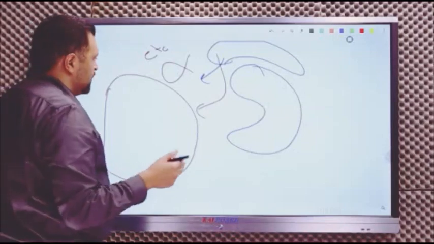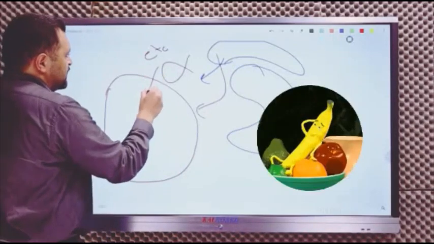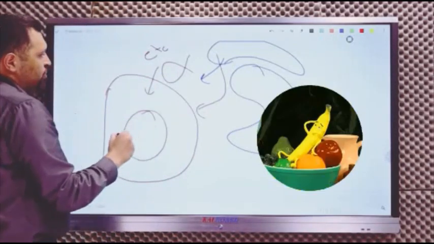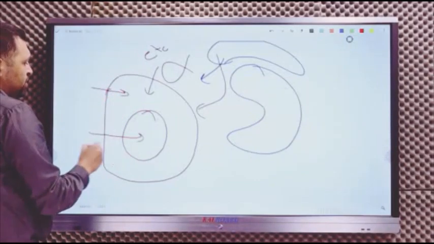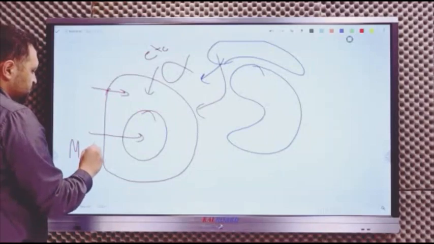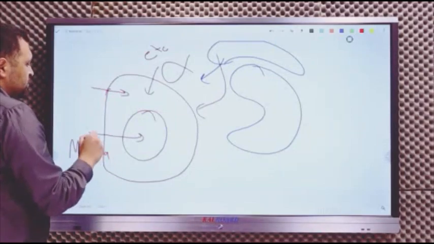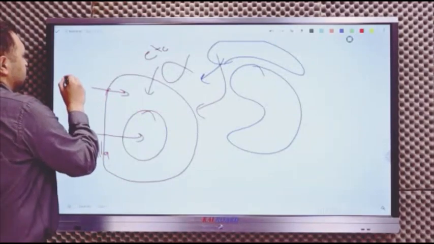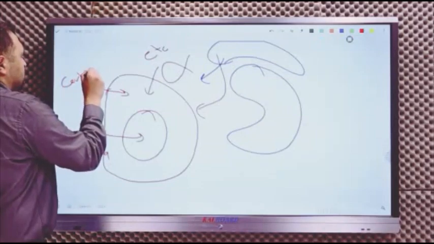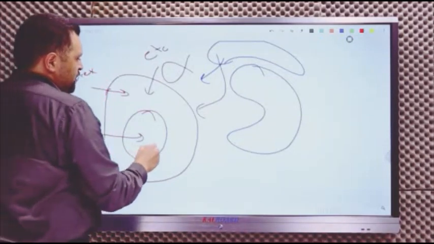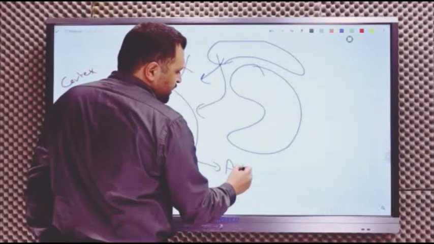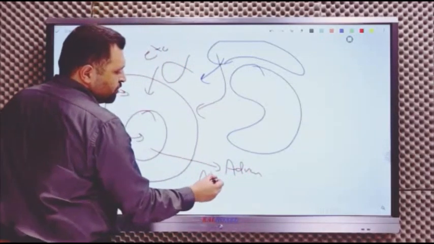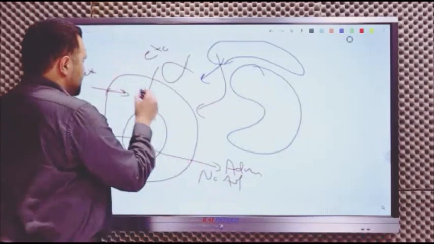It has a shell and a core. We call this cortex, and we call this medulla. The medulla produces majorly adrenaline and to a lesser extent noradrenaline.